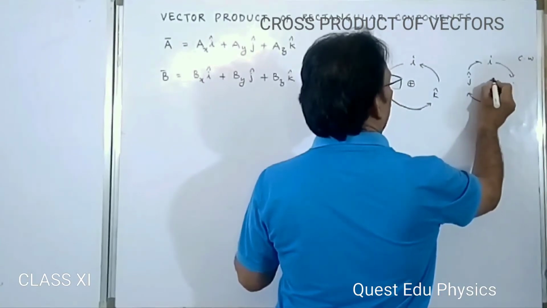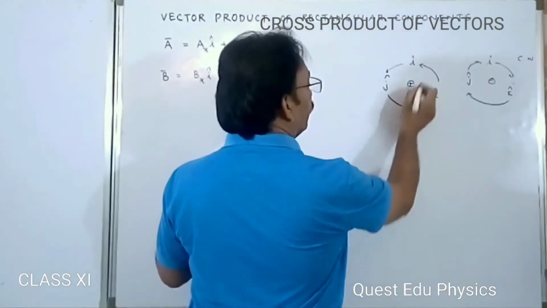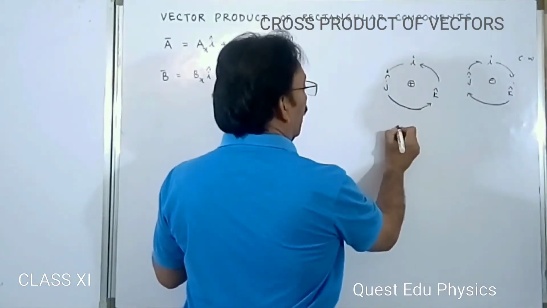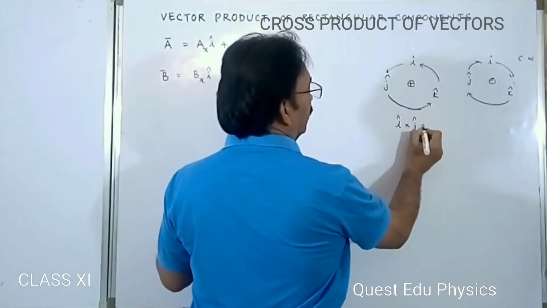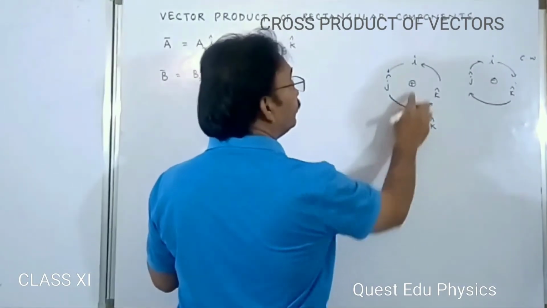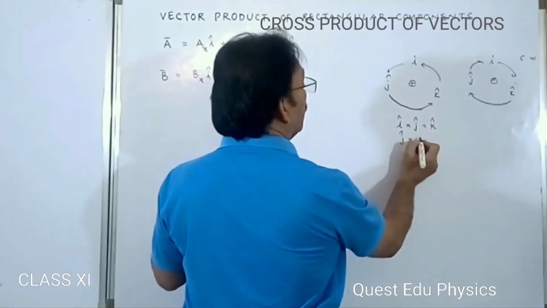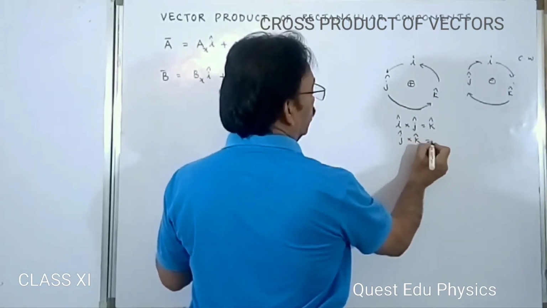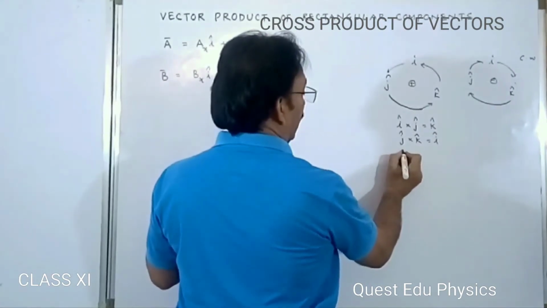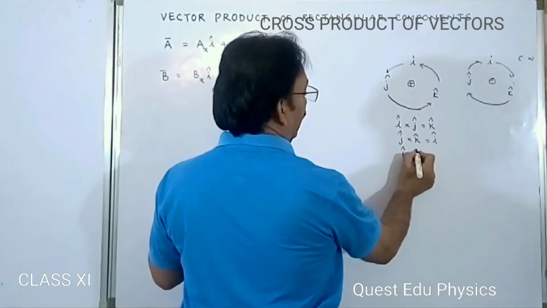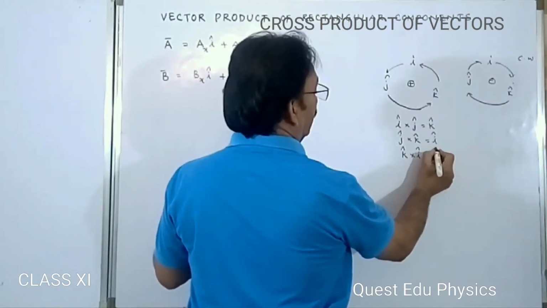We took it as minus and we multiplied the vectors like this. i cap cross j cap is equal to k cap, and j cap cross k cap is equal to i cap, and k cap cross i cap is equal to j cap.